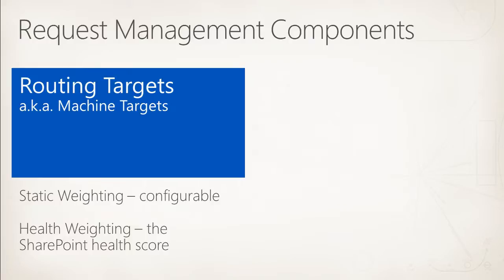And we have a couple of weightings that can be applied to the routing target. The first one is a static weighting, which we as the administrator can assign and say, this machine is more important than this other machine. And then there's a health weighting, which is the SharePoint health score. And so we can do things based on a threshold, say that this rule is only going to be triggered when the health score gets to a certain number.